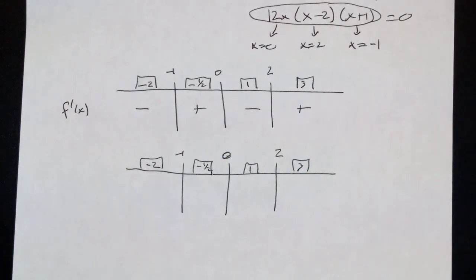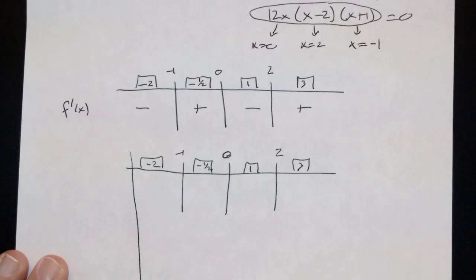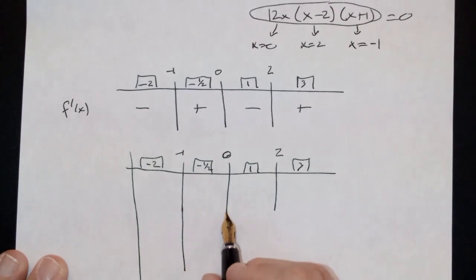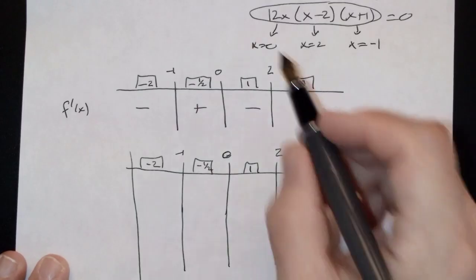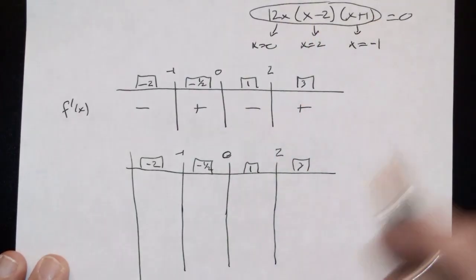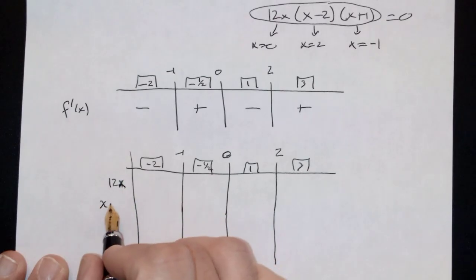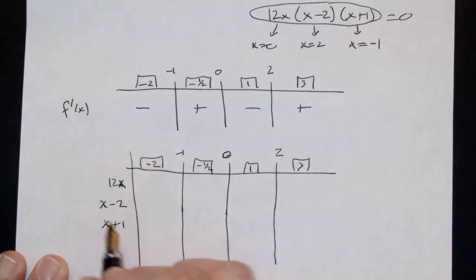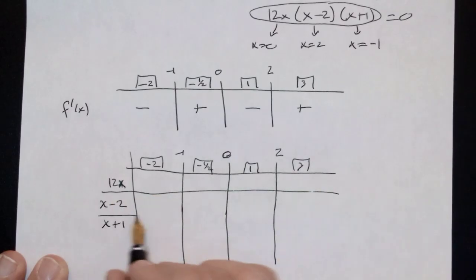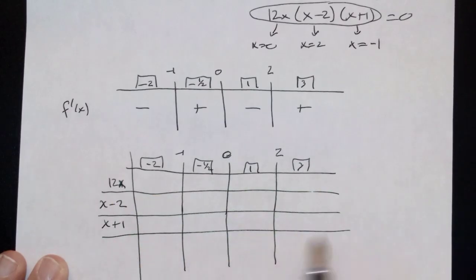Instead of writing f prime over here on the left, I'm going to add another column. And I'm going to write on each row separately one of the factors. And they each get their own line.